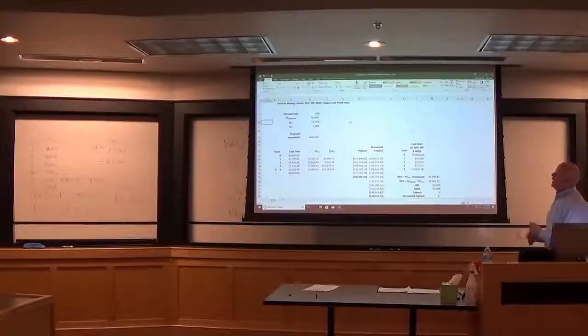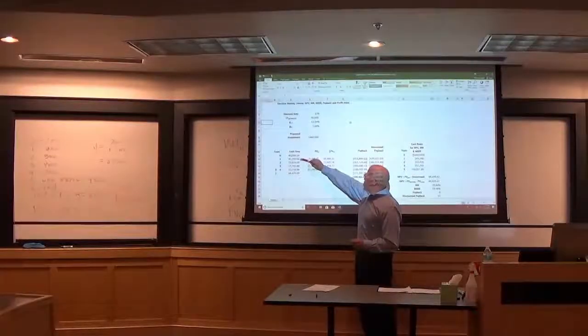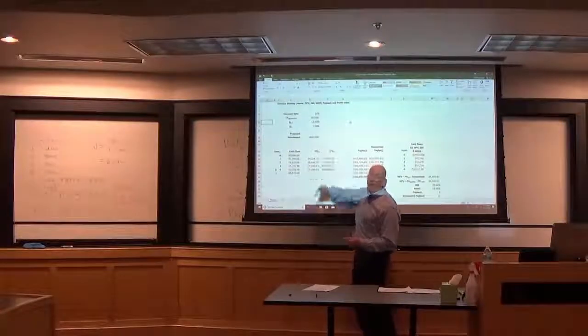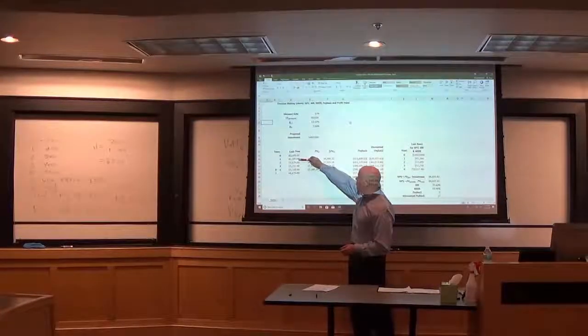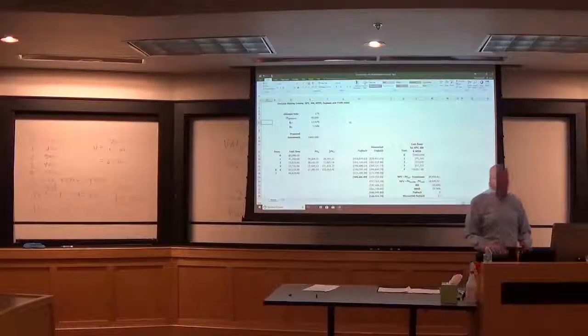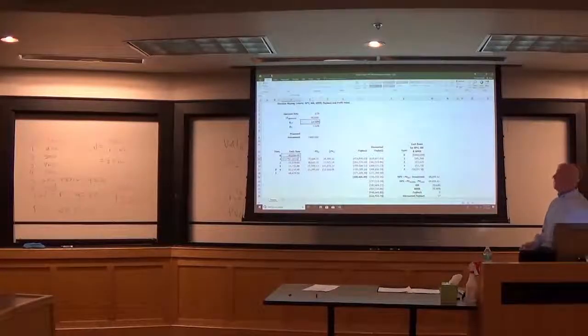Okay? So in this cell, you would see a formula that says the prior cell of $40,000 times 1 plus 0.13. And then the next one says 45,200 times 1 plus 0.13. But it doesn't say that in those terms. It uses a model construction, so I don't keep putting down numbers.